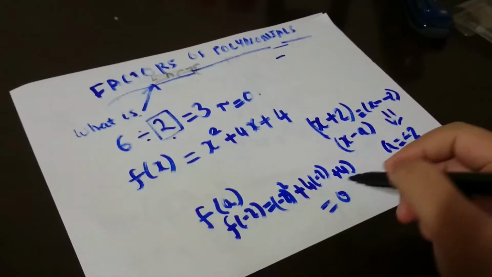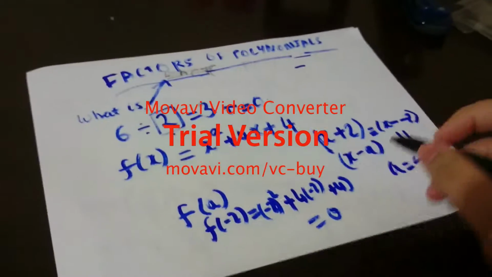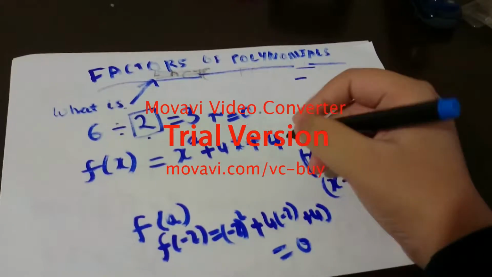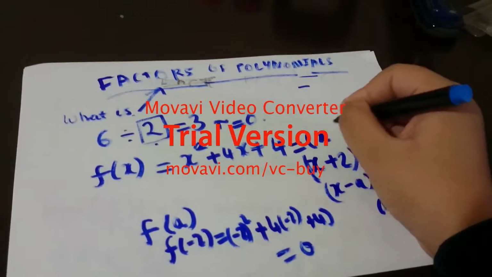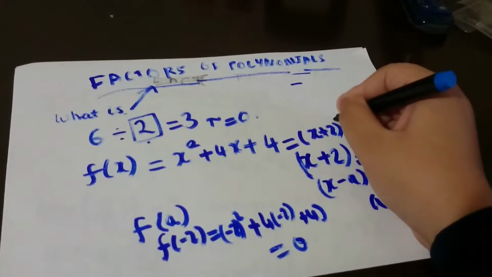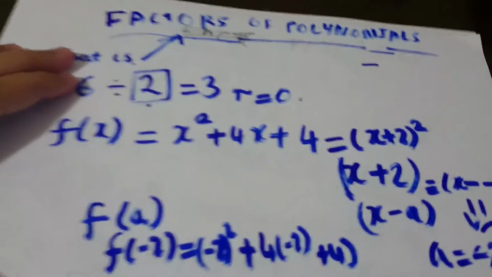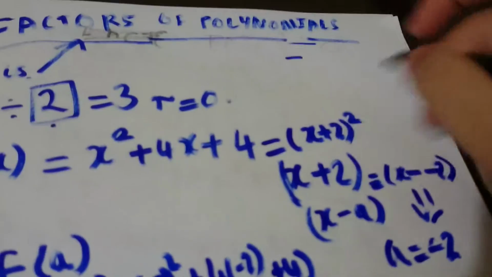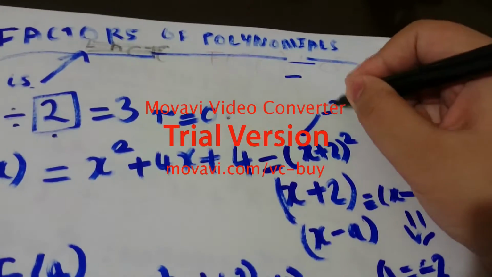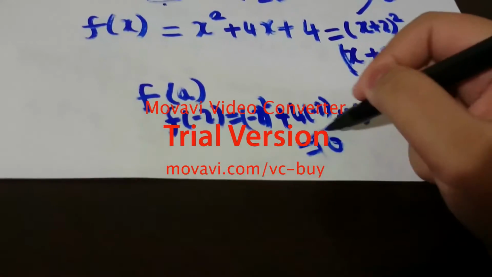This is our remainder and factor theorem. Which is actually true if you check here. We could factorize this to x plus 2 squared. Now if we plug in minus 2 into our x here, all this will be 0, and that's evident by what we get here.